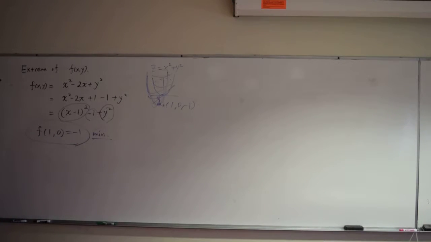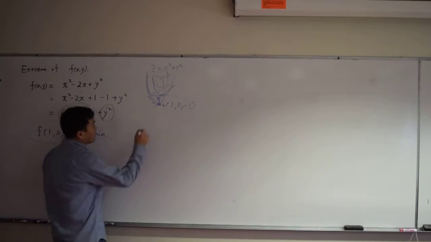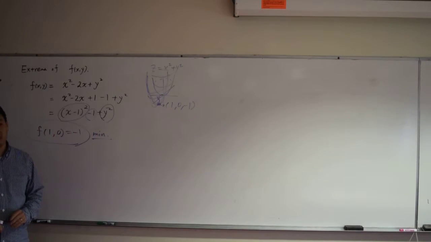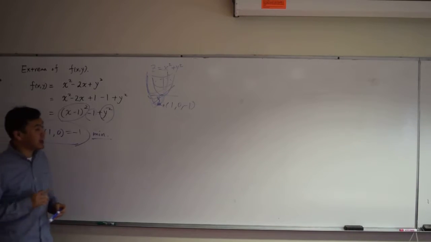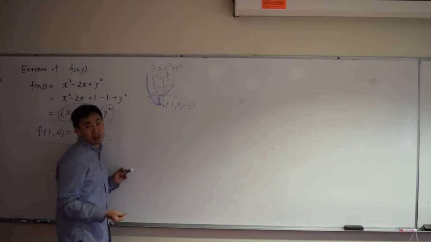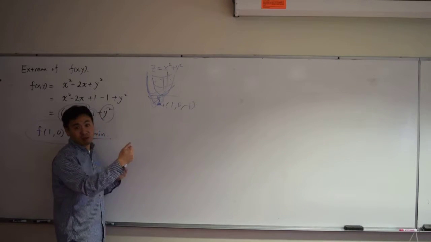Now let's think about the rate of change at this point. Now, what would be the directional derivative in the x direction at this point? Well, what's the partial with respect to x? Partial with respect to x is the same as the directional derivative as you're moving in the x direction.